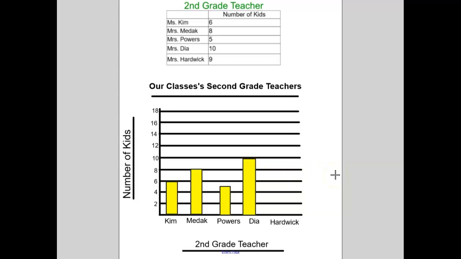You guys pause the video and draw a bar to represent the number of students in Mrs. Hardwick's class last year. Great bar graph, you're right. I did Mrs. Hardwick's bar halfway between 8 and 10 to represent 9 students. Excellent. We're going to start one more together that you'll get to finish by yourself, third graders.